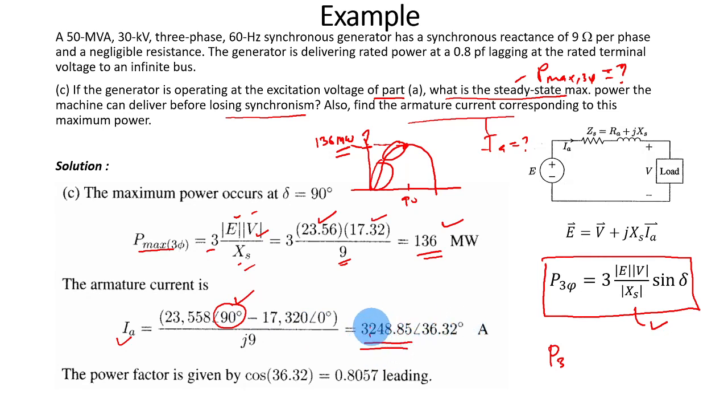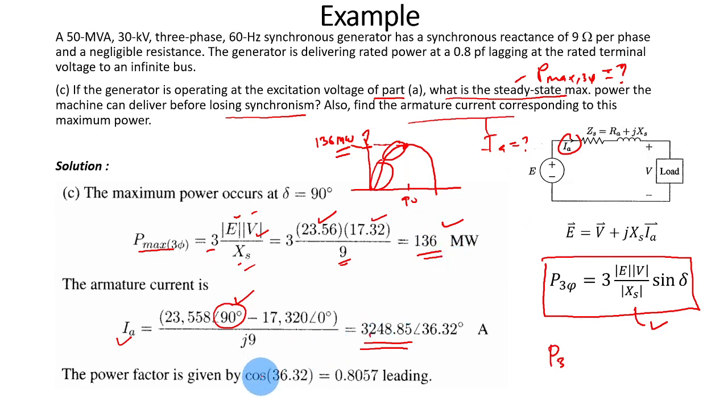The armature current cannot go beyond this IA, 3248 ampere, or the generator will face a stability problem and fall out of synchronism. The generator will be disconnected from the system in order to ensure that the power system is operating in a safe manner.